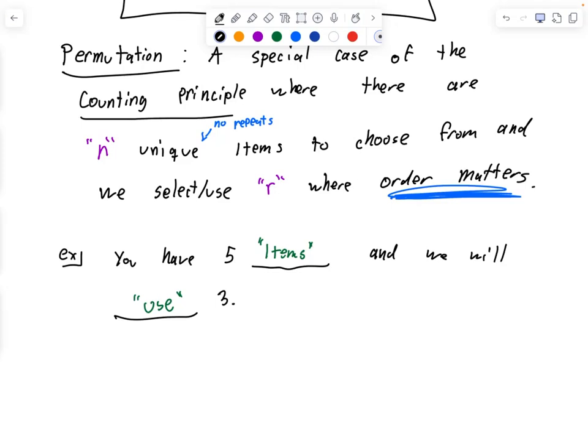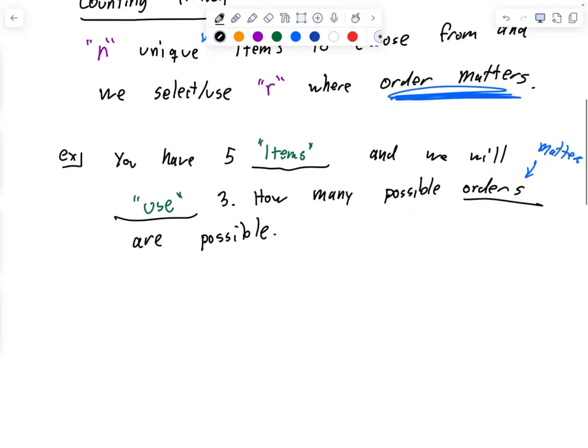Now, the good news about this type of problem is that you can still use the counting principle. In this problem, each of these items is unique. If we were using the counting principle, how many are we selecting? How many are we using? How many are we choosing? How many selections will occur? 3. So remember how to do that in the counting principle I showed you?